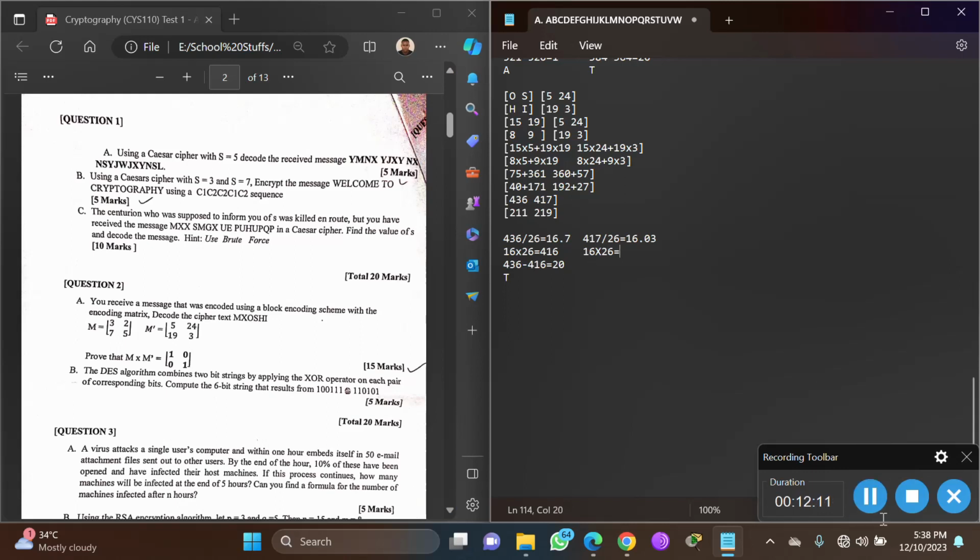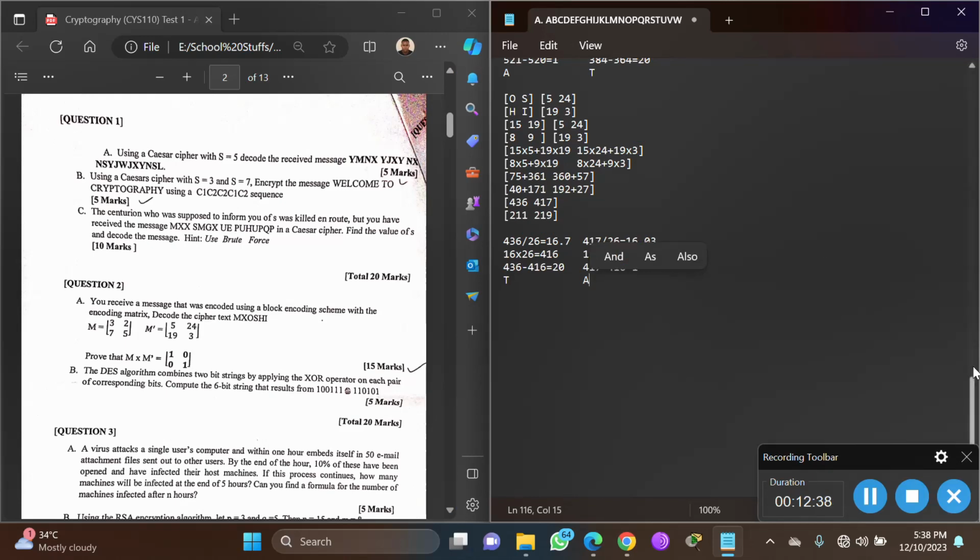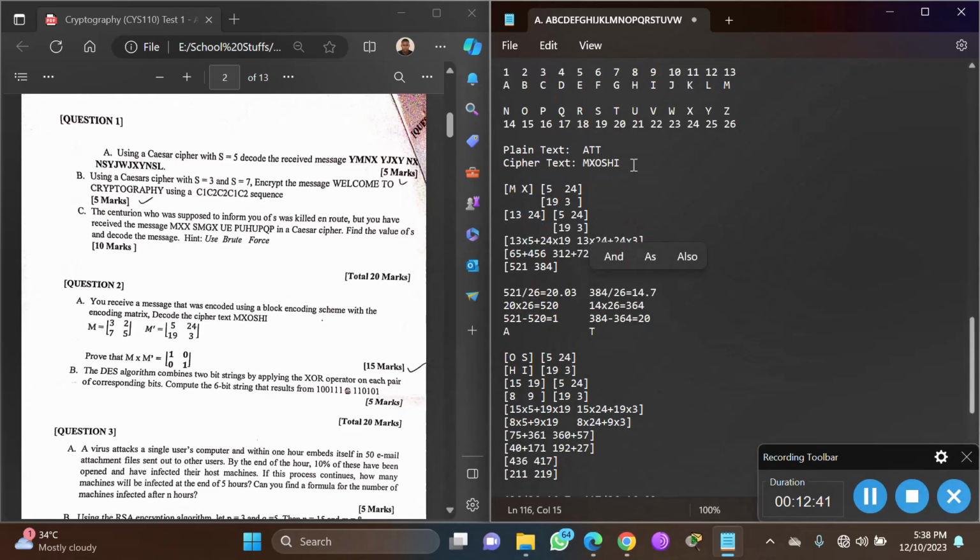So we know that we are getting 416 because this is a repetition, 416. Then the whole number for this one, as we can see, is 417 minus this new answer, which is 416. So here we are getting 1, and on the alphabet 1 is just A. So here we say A. Then we'll go back to our plain text, the one we are creating, then here we put A.